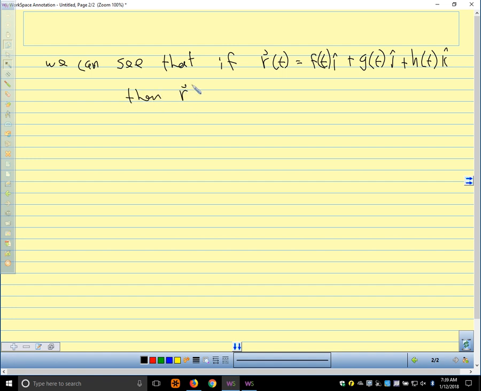Then r prime of t is just f prime of t i hat plus g prime of t j hat plus h prime of t k hat. We just take the derivative component by component.